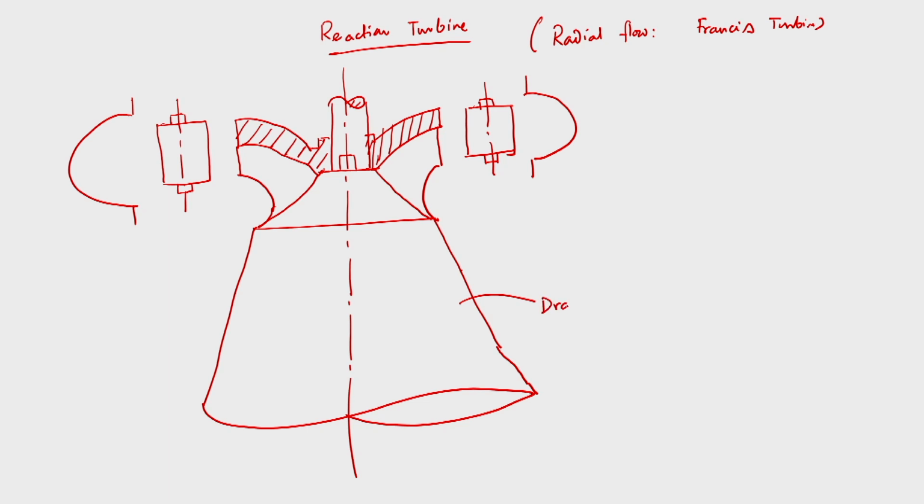I am now labeling different parts of it. This is the draft tube, this portion is the runner, this is known as the scroll casing, this is the shaft of the turbine, and these are known as guide vanes, or sometimes they are known as wicket gates.